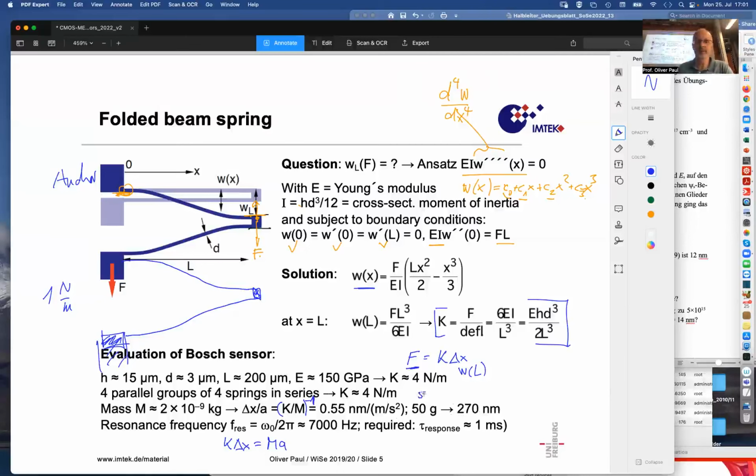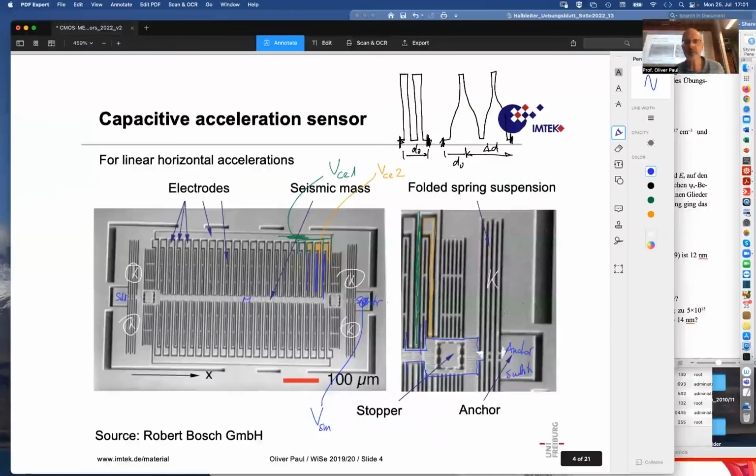50G is roughly 500 meter per second square. So this multiplied by 500 makes 270 nanometers. And 270 nanometers may be a reasonable choice in view of the dimensions of the gaps. So under 50 G, those gaps will not be closing totally. 50 G is not going to be too tough on that structure.